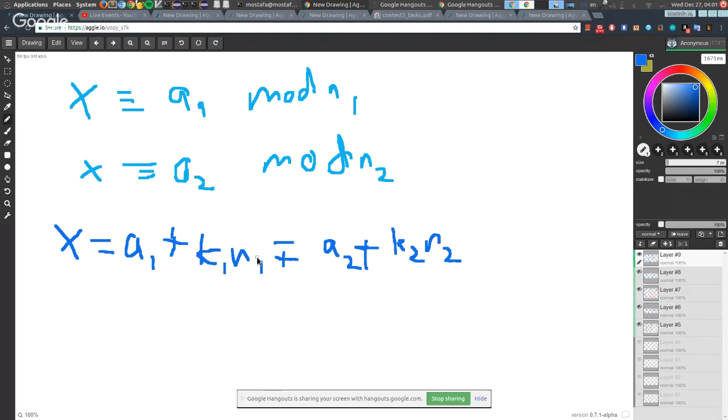Here we can reorder these two parts, so we have k1 times n1 minus k2 times n2, and this is equal to a2 minus a1.